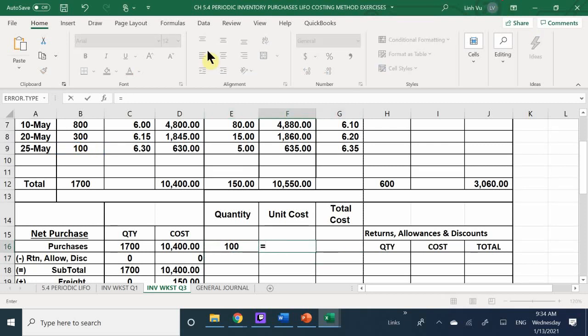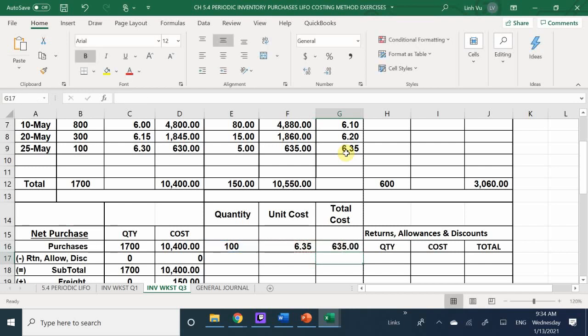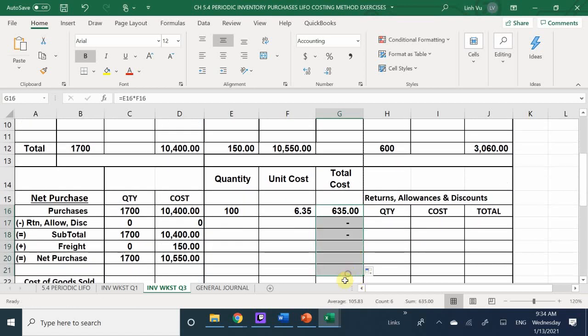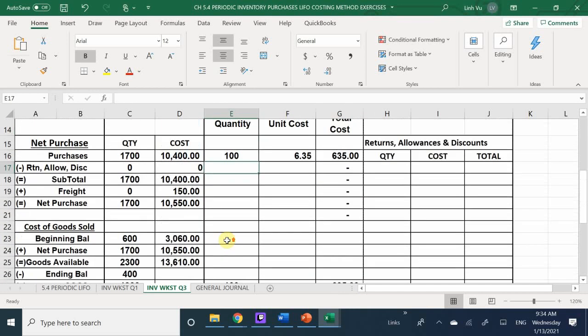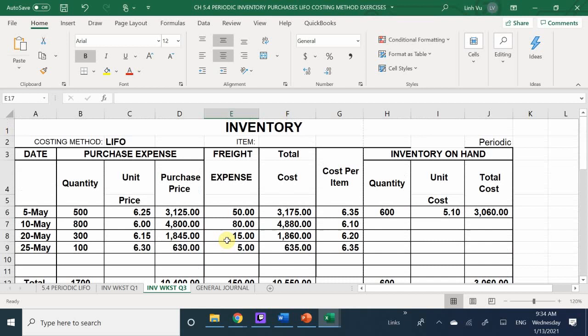Okay, so I'm gonna go ahead and reference everything at 6.35, bringing me a grand total of this. Okay, and I'm gonna drag this formula down. Now that we sold only our first 100, we still got a lot to go. So what's the next batch that we're actually going to be taking from?